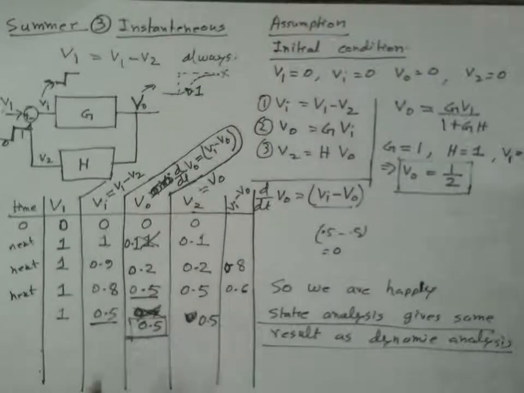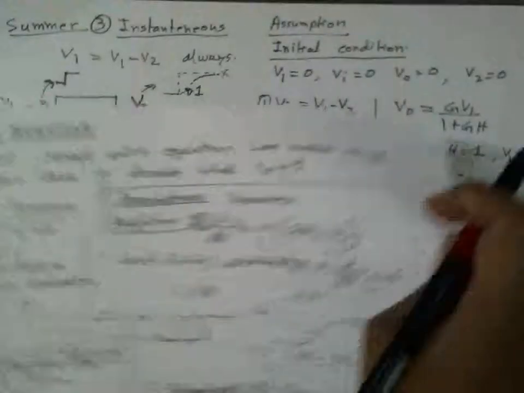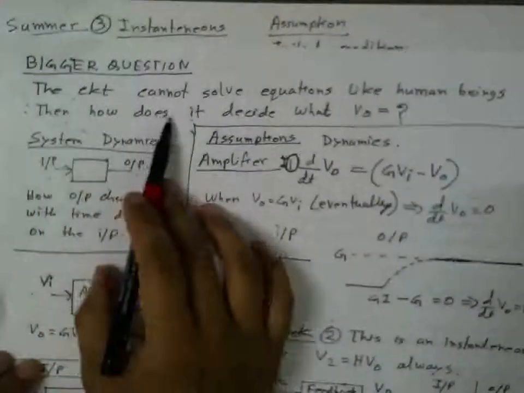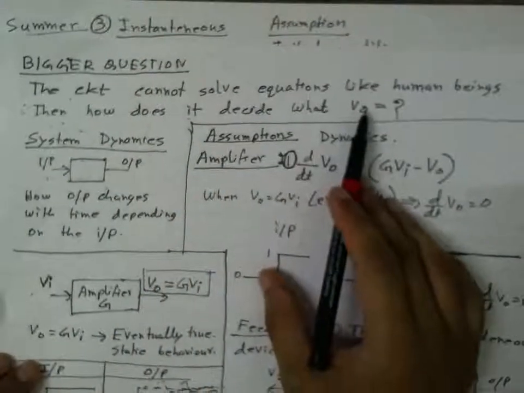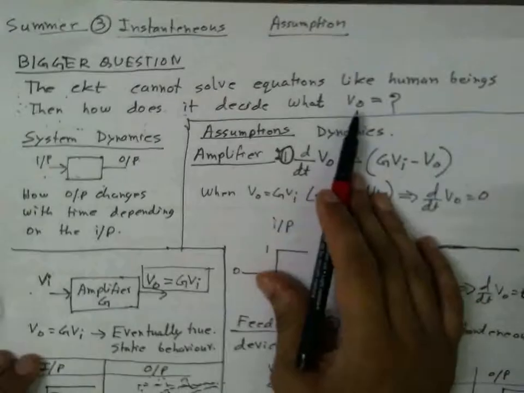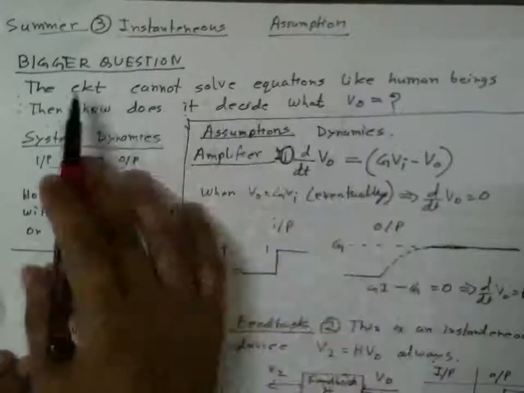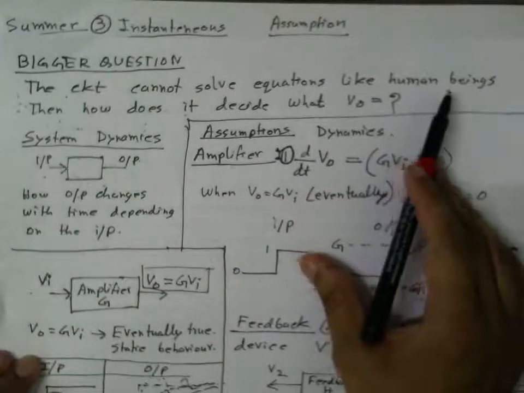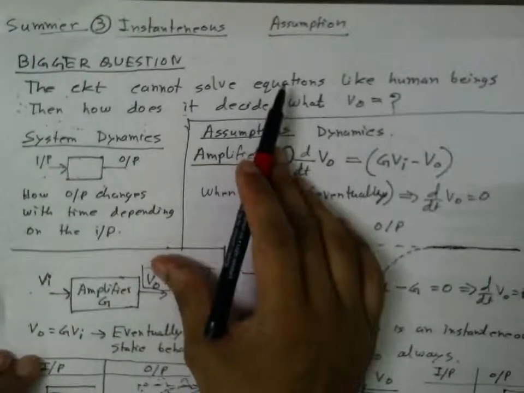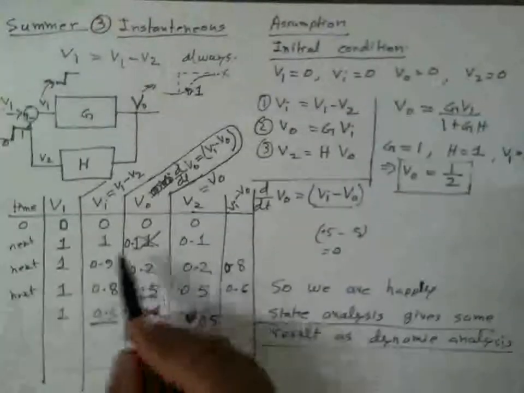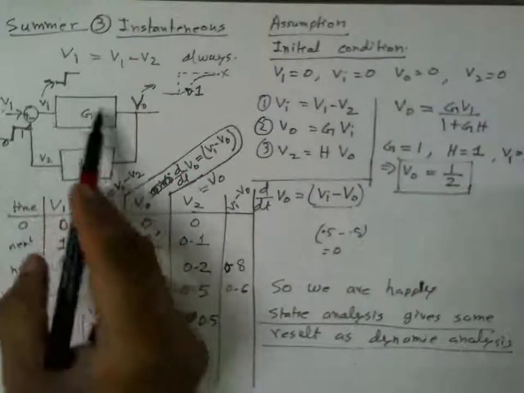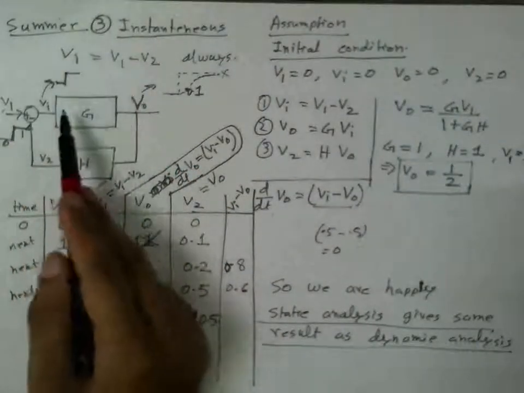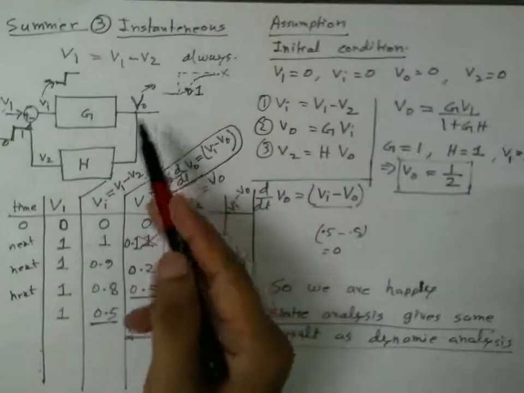And this is how actually the circuit decides how the value of the output should be changed, because it cannot solve a system of equations, it cannot solve equations like us. So this is how slowly it modifies depending on the dynamics of the components, and eventually lands up to some value.